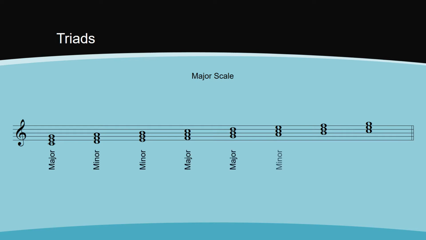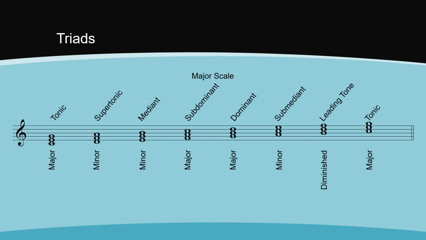In the module on the major and natural minor scales, you learned that each scale degree has a name. The triad built on each scale degree can also be referred to by that same name. For example, the triad built on the tonic of the scale is called the Tonic Triad.